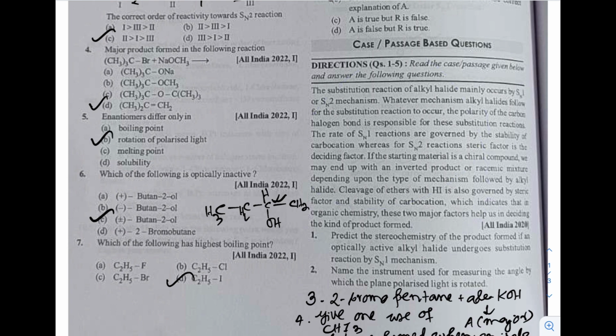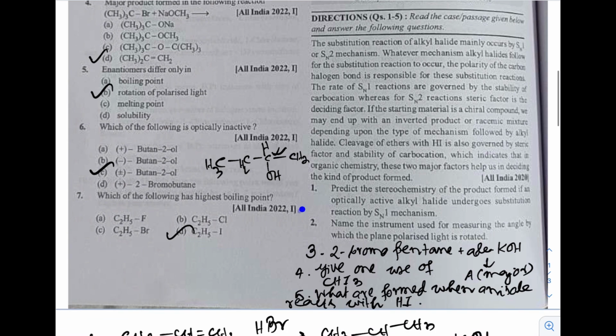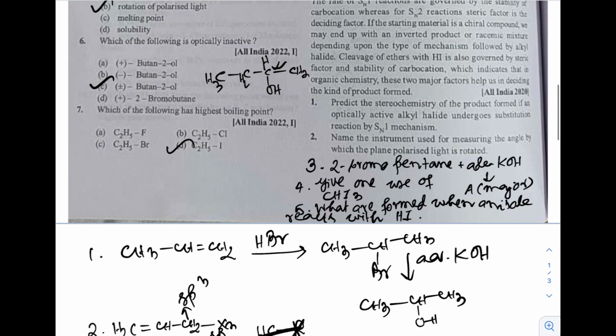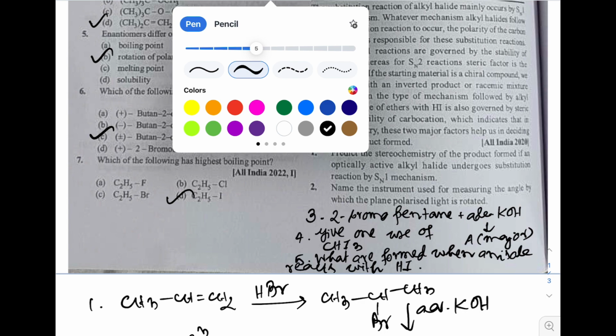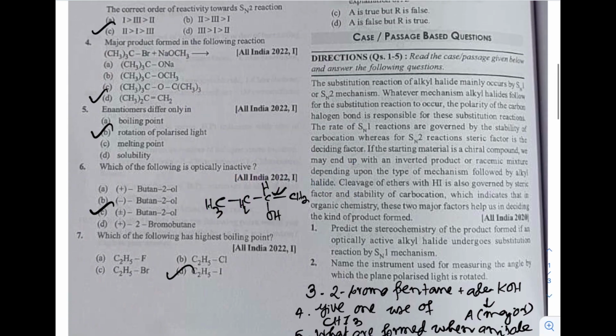On this passage, we are going to solve the 5 questions which are given. Question 1: predict the stereochemistry of the product formed if an optically active alkyl halide undergoes substitution reaction by SN1 mechanism.